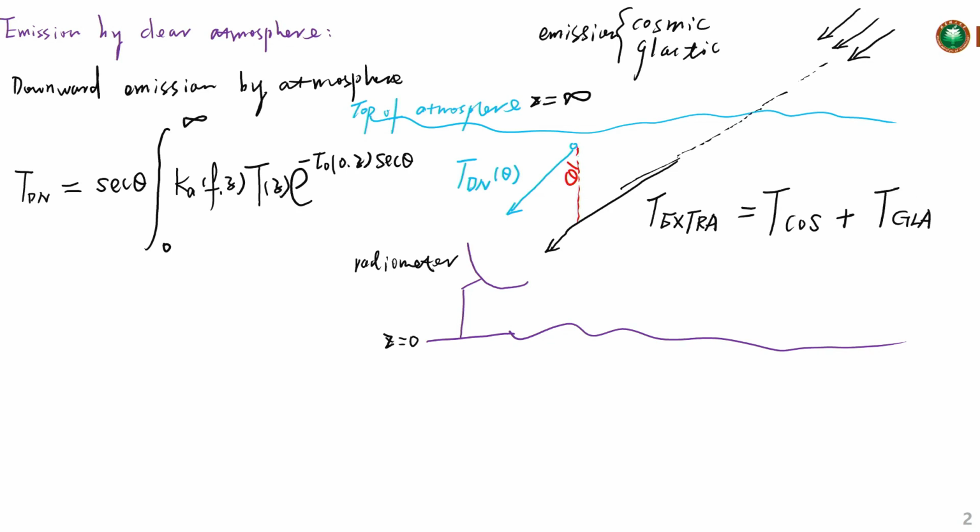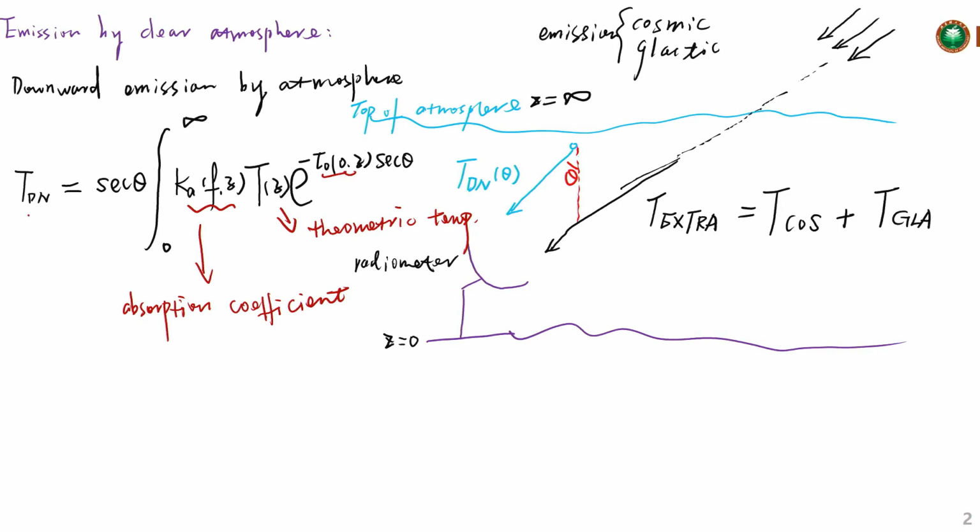Now we want to define the parameters. This one is the absorption coefficient, as we introduced last week, this is the thermometric temperature, and this is the zenith opacity.